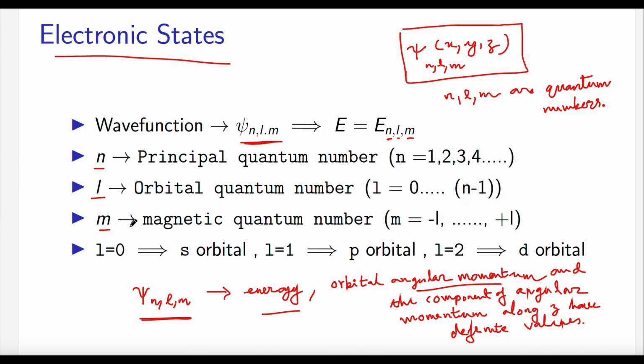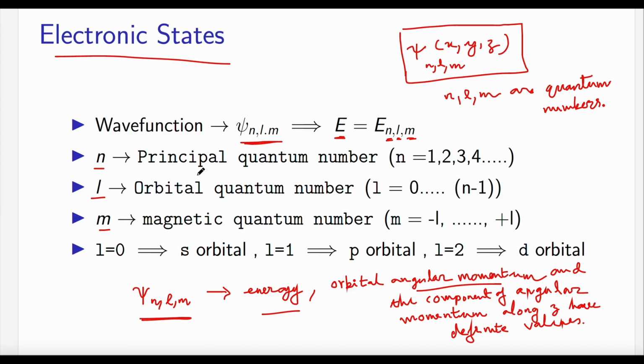And in general, the total energy E of the electron is a function of n, l, and m.